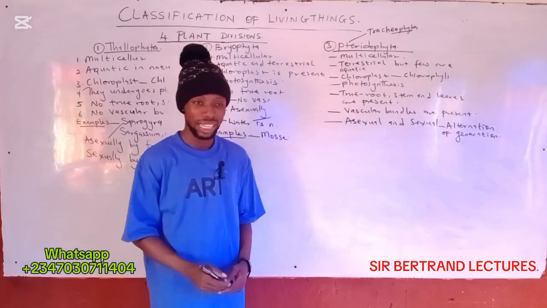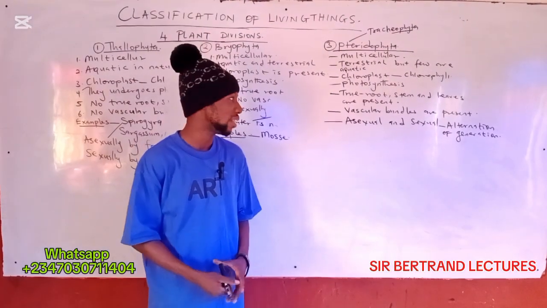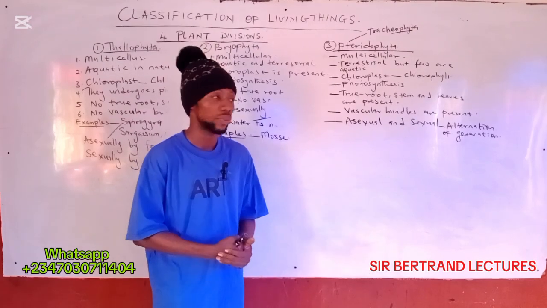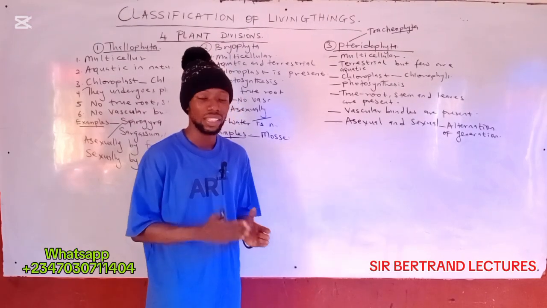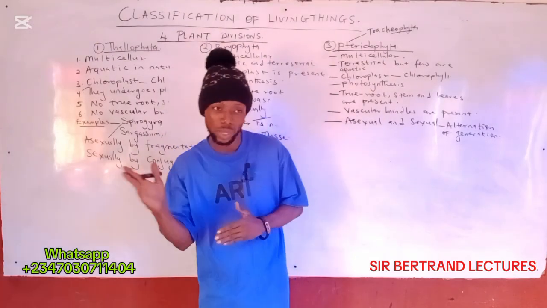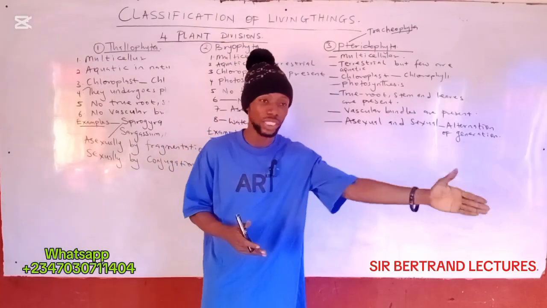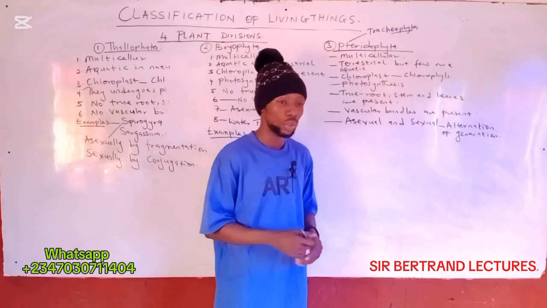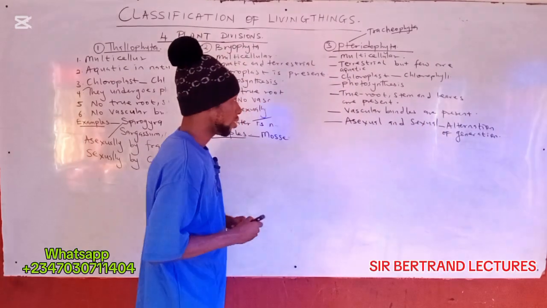Pteridophyta reproduce both asexually and sexually, and for that reason, you can say they undergo alternation of generation. And this simply means that they have alternate means of reproduction. If they don't reproduce asexually, they can reproduce sexually. That's what we mean by alternation of generation. You are going to see this in exam.